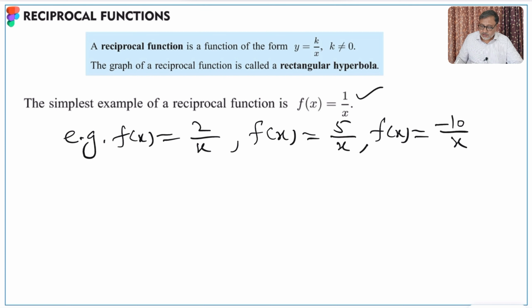All these are reciprocal functions. This gives you the rectangular hyperbola, okay. But let me show you the graph of the given function. It will always have asymptotes, I mean the horizontal and the vertical asymptote.